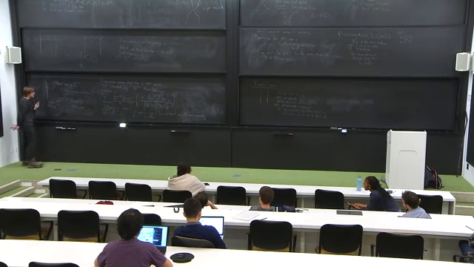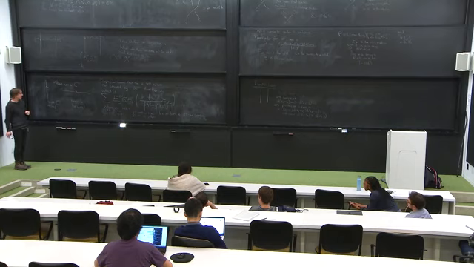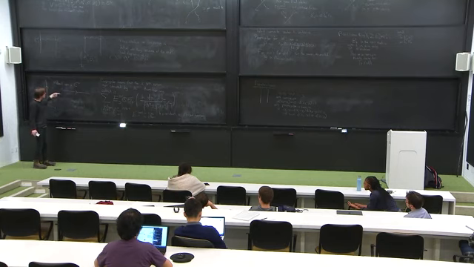Here's another way you might proceed to understand it better. It works better in the case of U1, but if I fix one line, then I can solve the equations of motion in the presence of that line. And I get some gauge field.